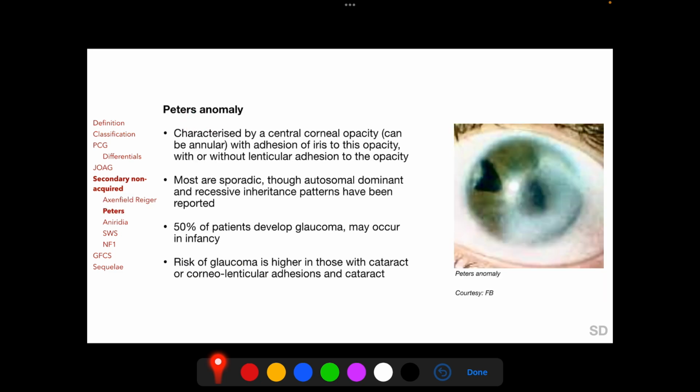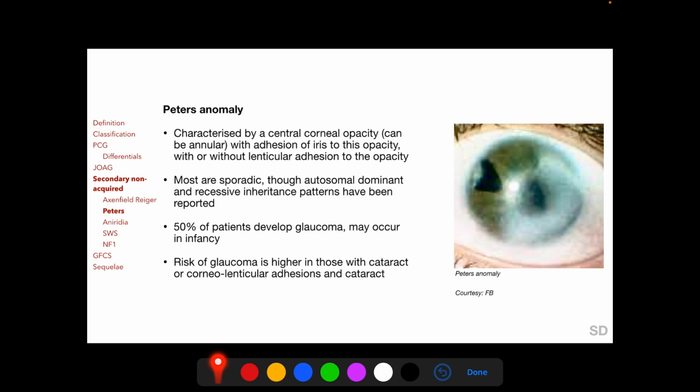Peters anomaly is characterized by a central corneal opacity which can be annular in appearance as seen here in this photograph, with adhesion of iris to this corneal opacity with or without lenticular adhesion to this opacity. In type 1 Peters anomaly, only iris is adherent to the corneal opacity, and in type 2 Peters anomaly, the crystalline lens is also adhered to this corneal opacity.